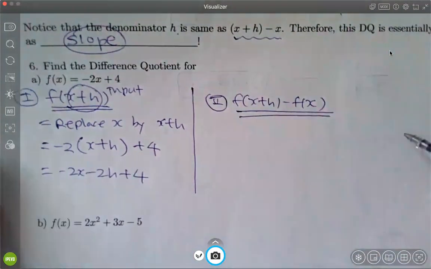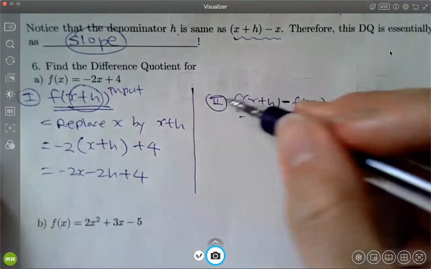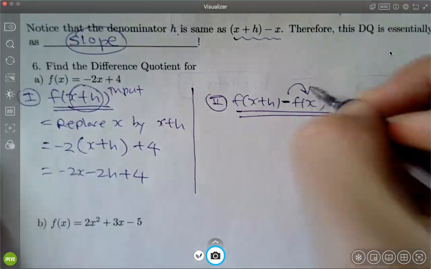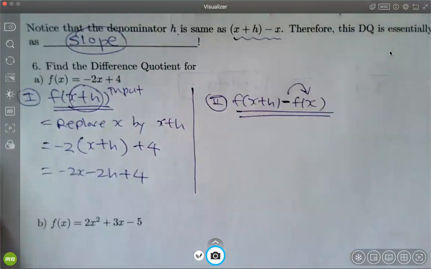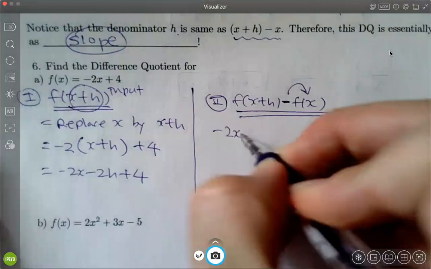Okay? And now, part number 2, the entire numerator, f of x plus h minus f of x. So now, what is this? Remember, you're seeing the subtraction sign in between these two functions. So what do you have to worry about? That, right? Okay, so f of x plus h is -2x minus 2h plus 4.